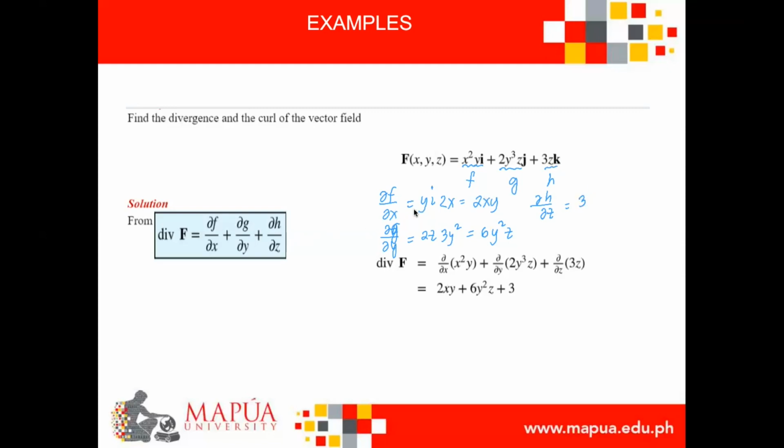So collecting now these partial derivatives, we write div F is equal to 2xy, because that is your partial f with respect to x, plus partial g with respect to y, which is 6y squared z, then partial h with respect to z is simply 3.